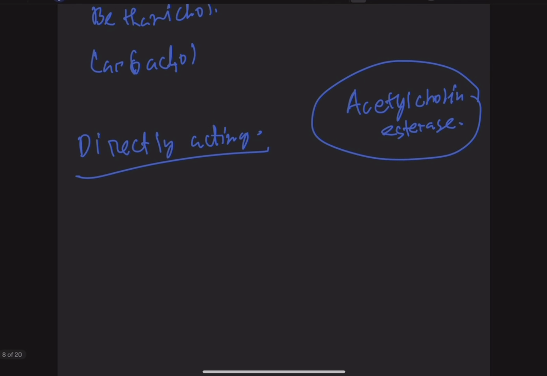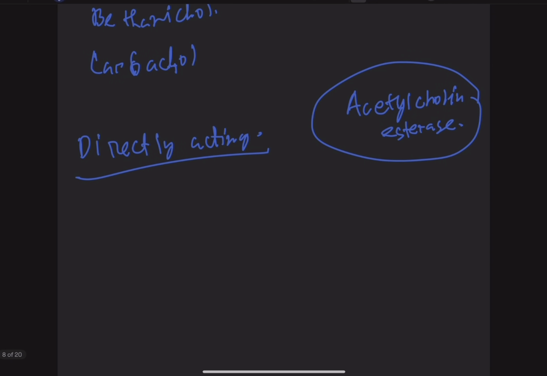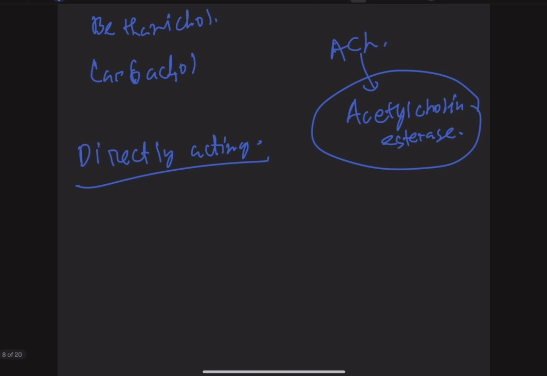So acetylcholinesterase breaks down the acetylcholine, and they decrease the effects of acetylcholine on the cholinergic receptors. But by inhibiting the acetylcholinesterase, indirectly acting cholinergic agonists increase the concentration of acetylcholine in the synapse. So by increasing the concentration of acetylcholine, they act as a cholinergic drug.